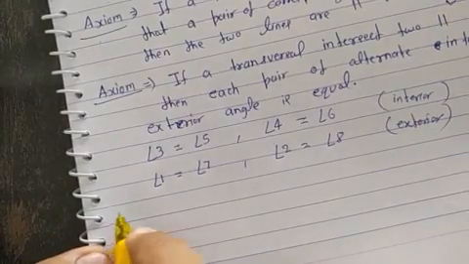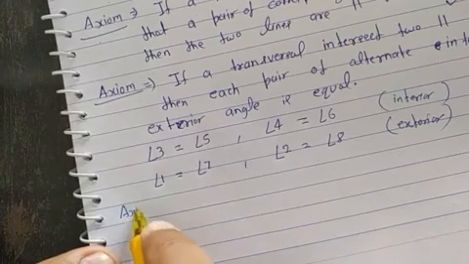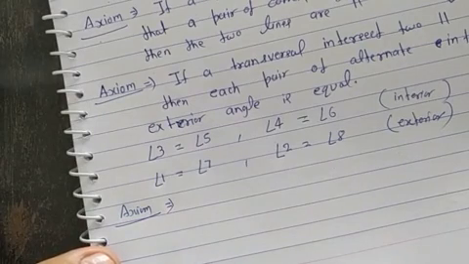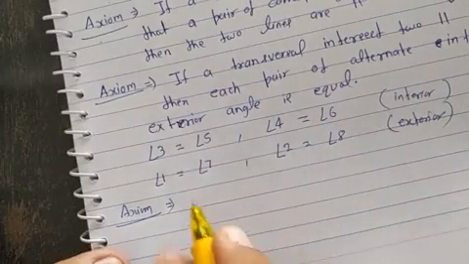Now we are going to the next axiom. Our next axiom is just the converse of this axiom.